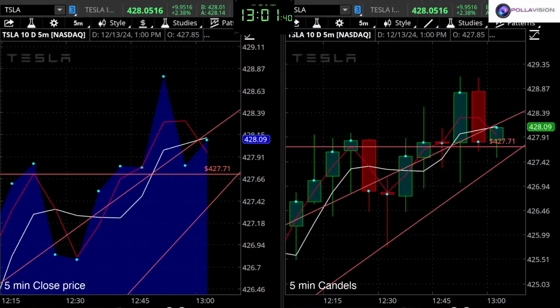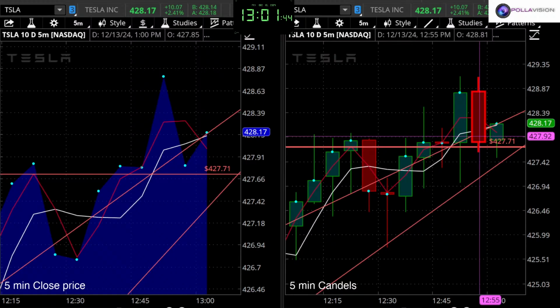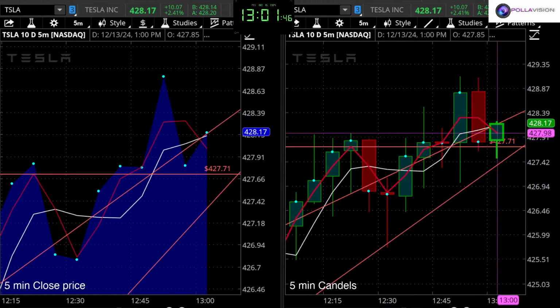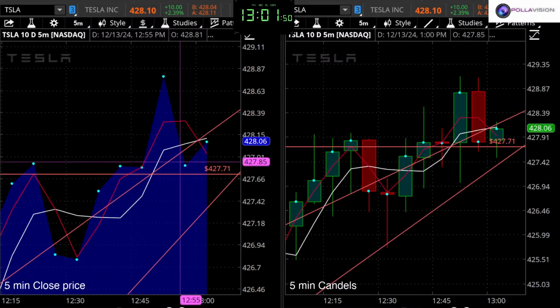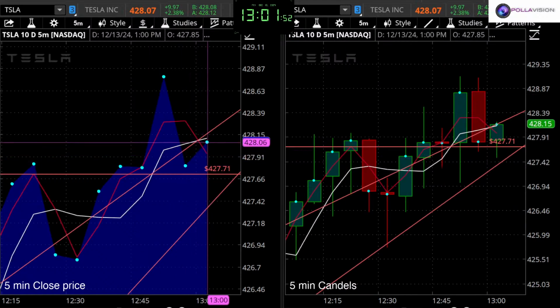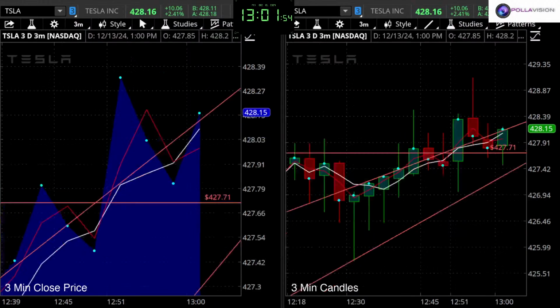Look at the 5 minute. We have this nice red, and we got to take that out with a green. Price close below. Low up here. 3 minute.